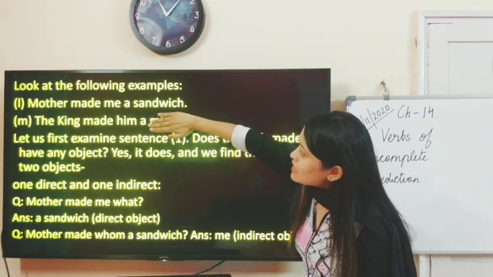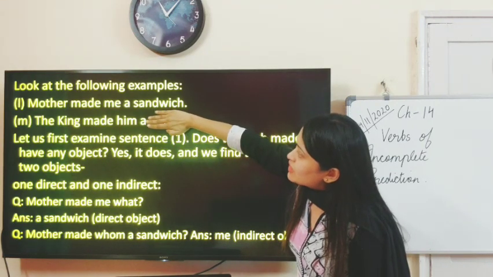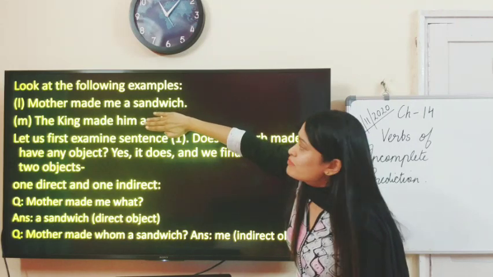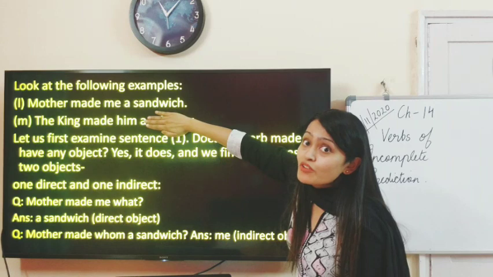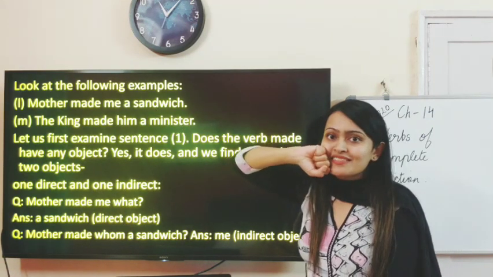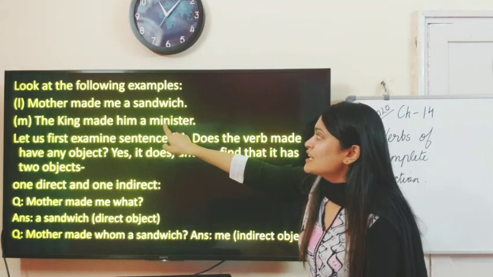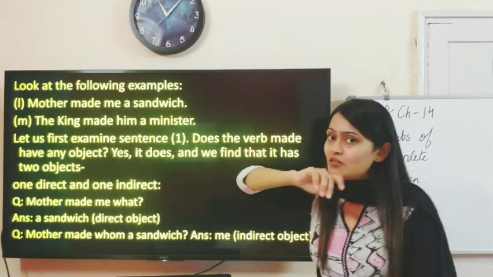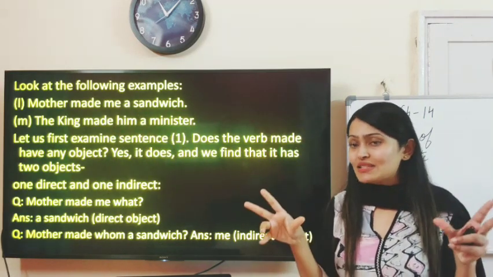But suppose I cover this up. The king made him. Not making complete sense. The verb made is a verb of incomplete predication. But when I add this complement, a minister, then this complement helps the sentence make sense.